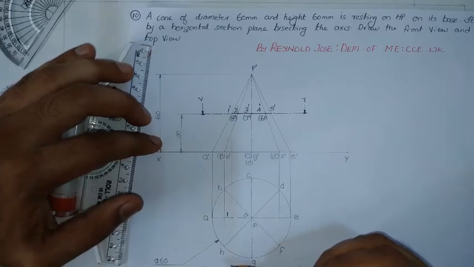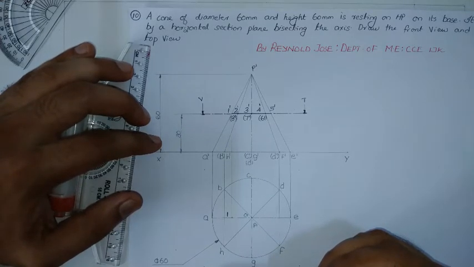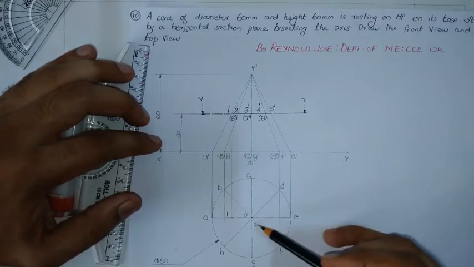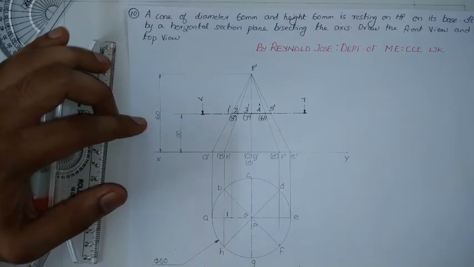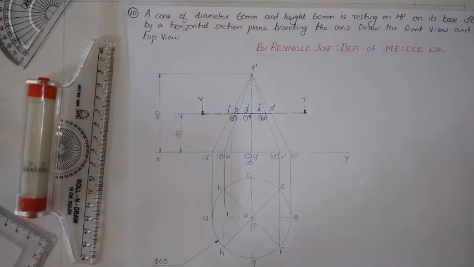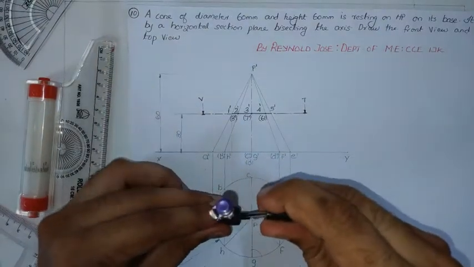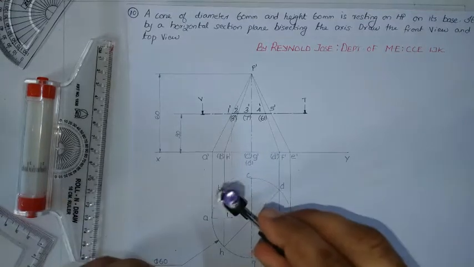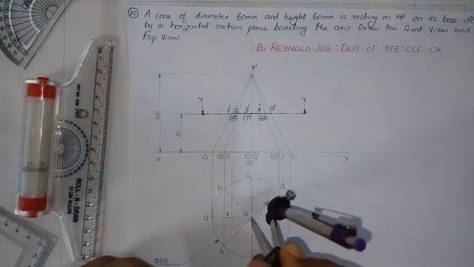But in this case, as this is a horizontal section plane, it is very easy to mark points 1, 2, 3, 4, 5, 6, 7 in the top. So this is point 1. Now let us use our compass to mark the rest of the points. So let us take the radius P1, and let us cut arc on the other generators.